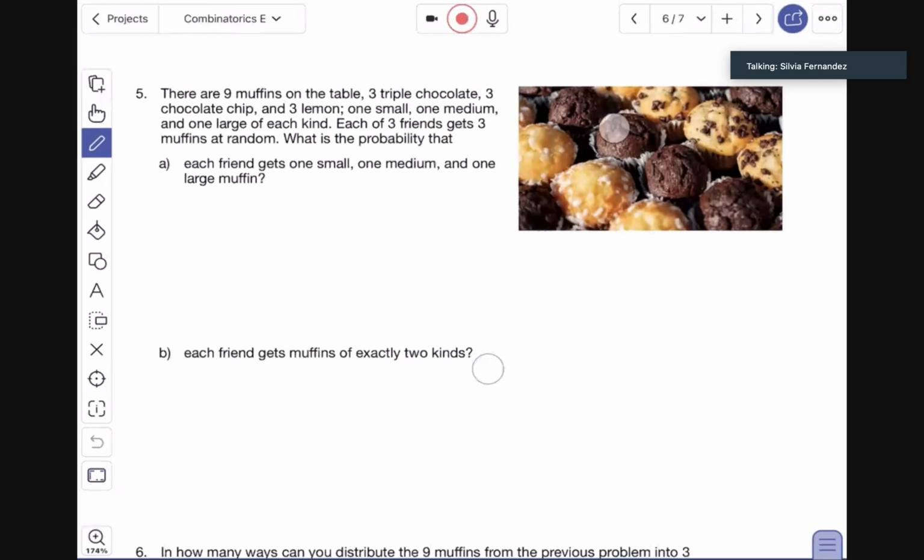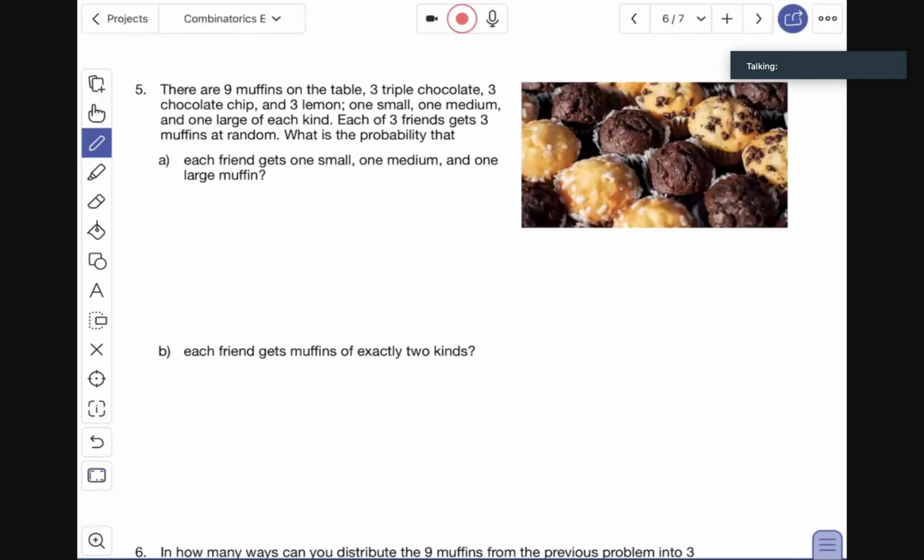So here, this is a probability problem. You're distributing these muffins to 3 friends. Each friend gets 3 muffins. So each of the 3 friends gets 3 muffins at random.